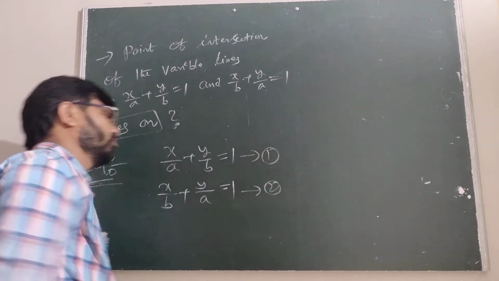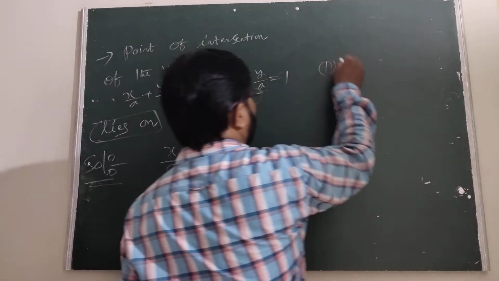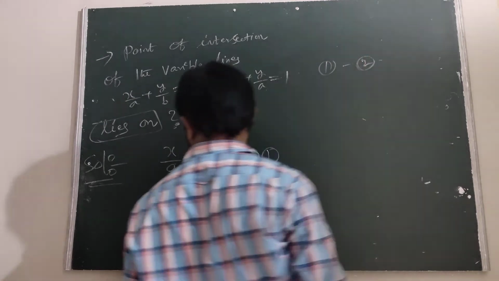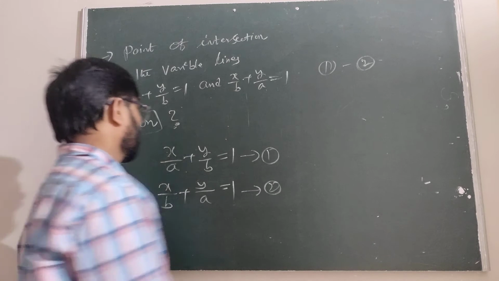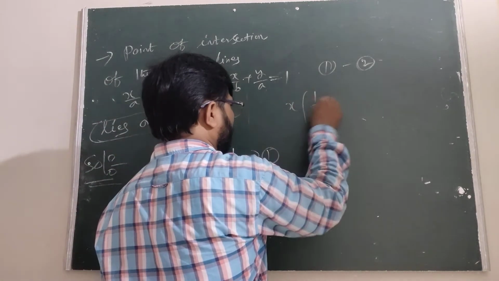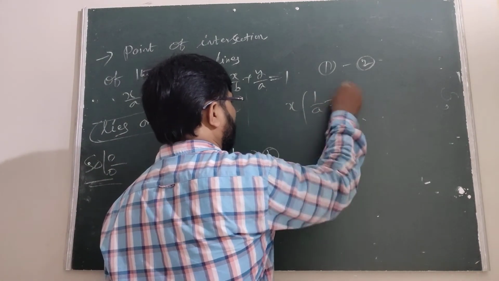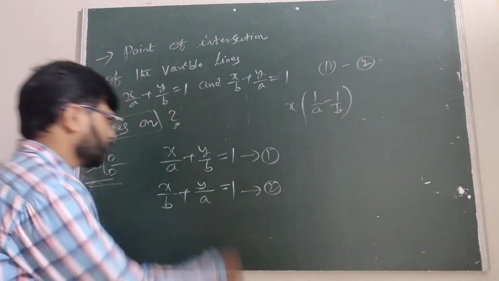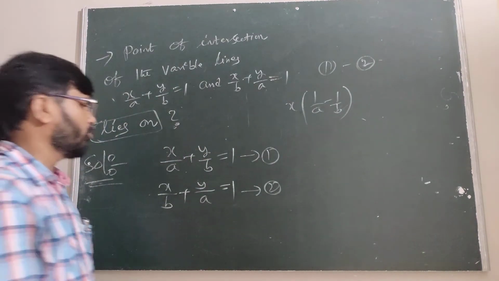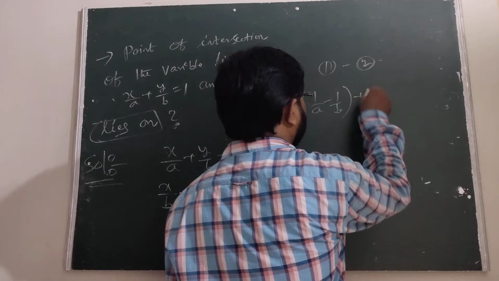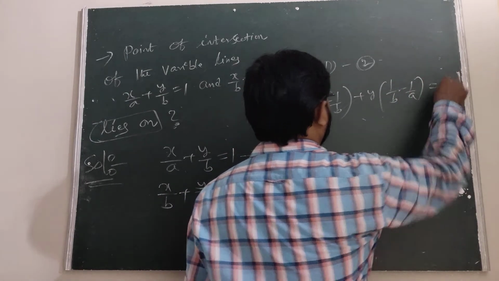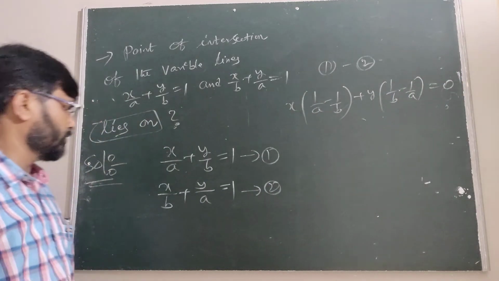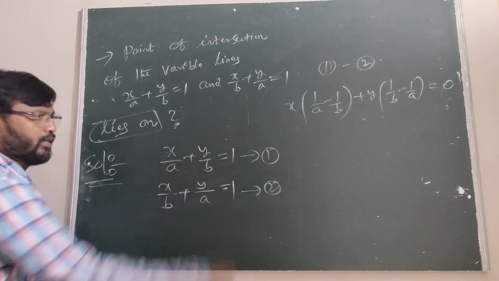Now 1 minus 2. We take 1 minus 2. We are taking the common term x, therefore that is x times (1 by a minus 1 by b). Now we are taking the common term y, (1 by b minus 1 by a). 1 minus 1 is 0.